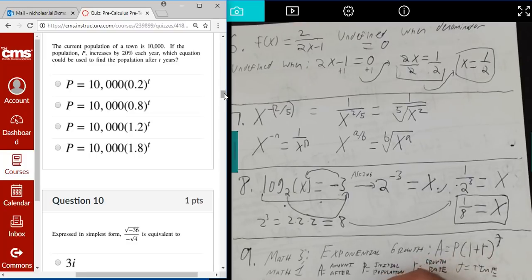So that's to the T, and that can be simplified to 10,000 times 1.2 to the T.